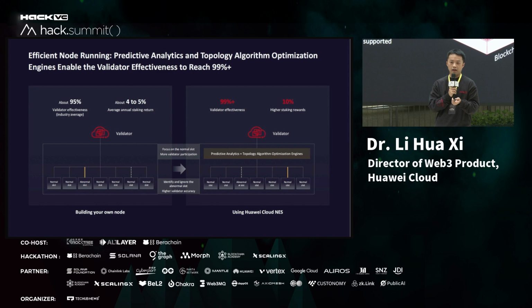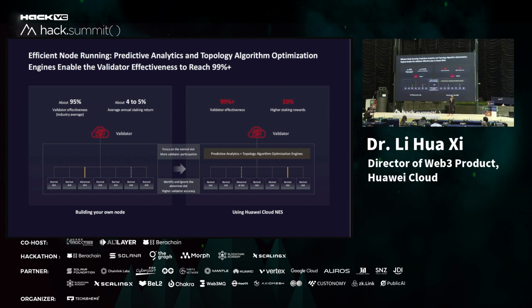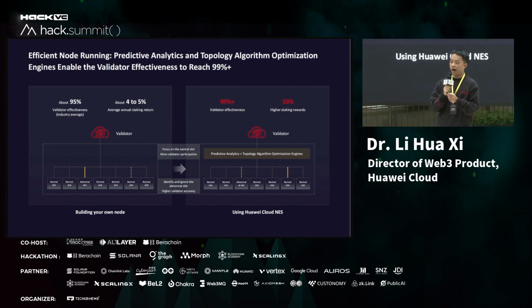Our unique middleware, we call it Validating Hub, can raise the validators' effectiveness up to 99%, while the average industry level is around 95%, which means those validators can get a higher APR by using NES.